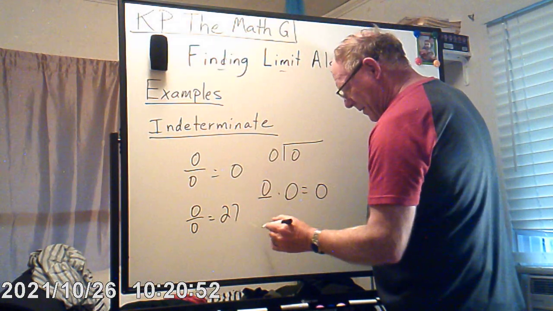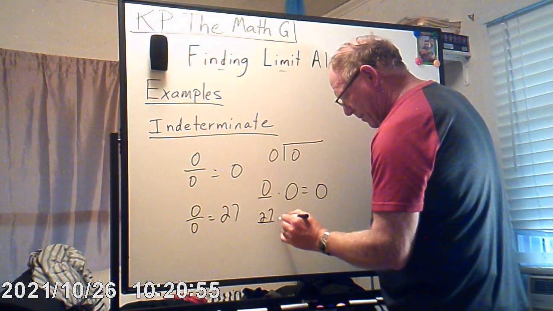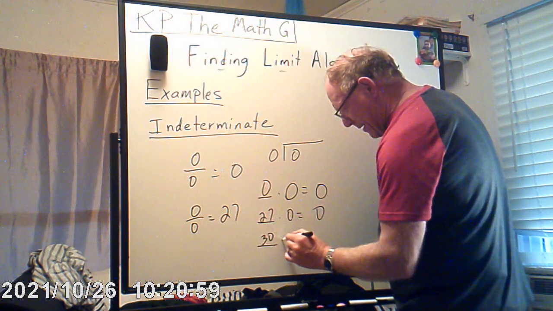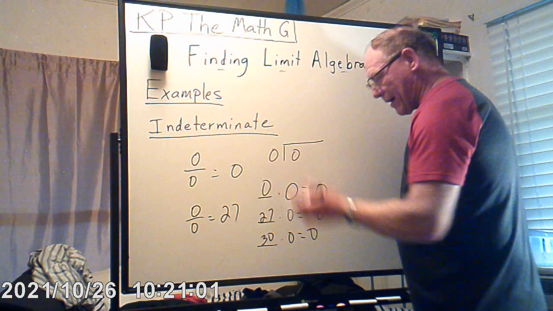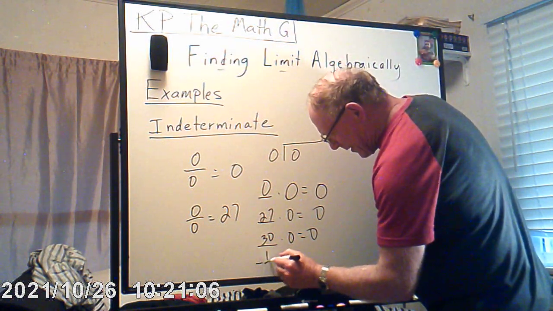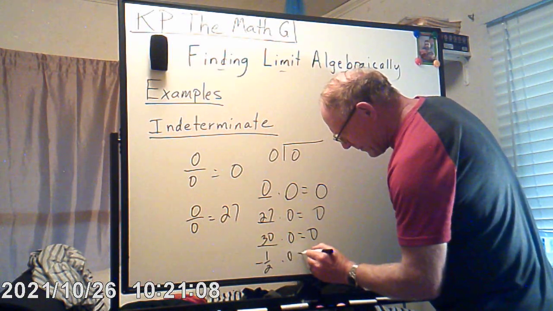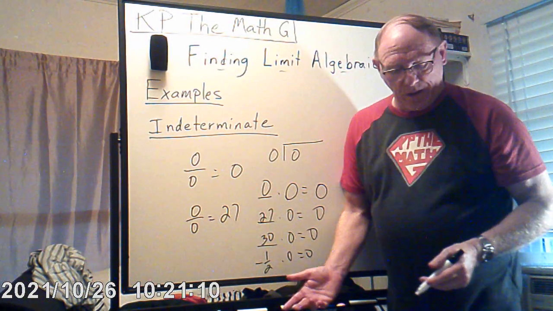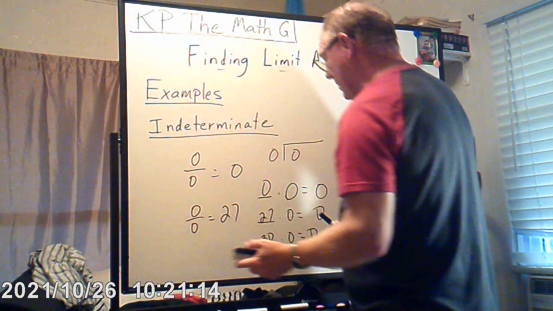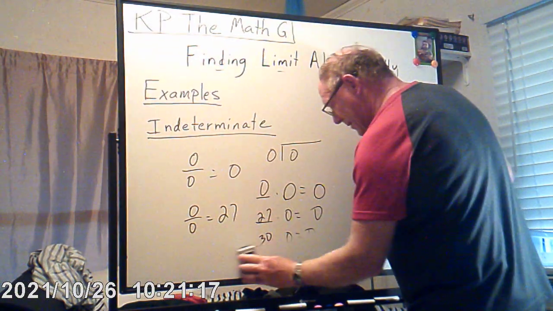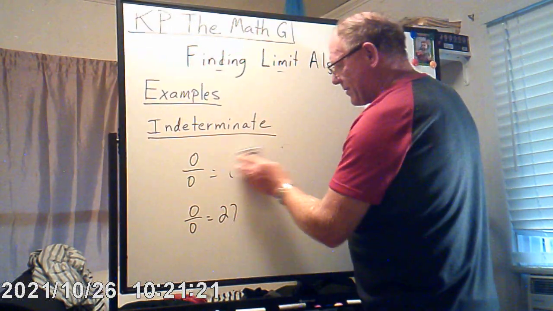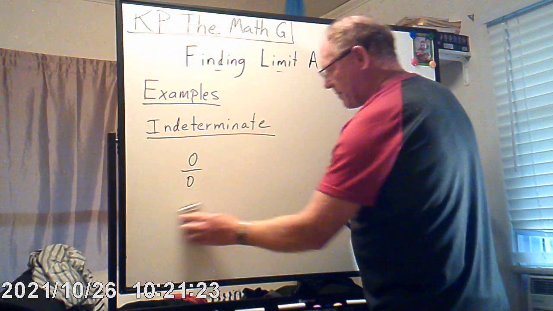I can plug in 0, I can plug in 27, I can plug in 30. 30 times 0 is 0. So there's no determination. I can plug in a negative number, negative 1/2. So it's not determinate, it's indeterminate, because we can't determine what the answer is. It is an infinite number of answers, and so 0 over 0 is indeterminate.